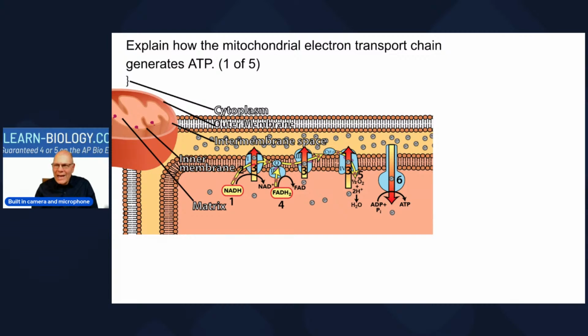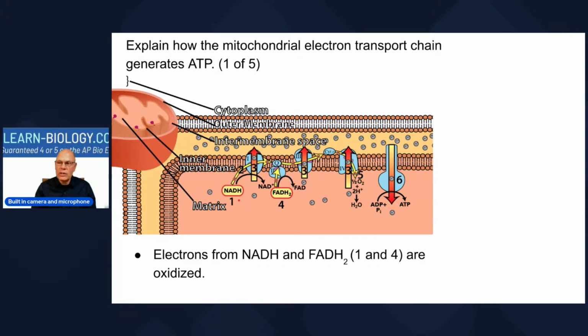The inner membrane has all of these things drawn along it. Those represent, for the most part, membrane-embedded enzymes. These are proteins that are built into the mitochondrial inner membrane. And then there's the mitochondrial matrix. Again, that's like the cytoplasm of the mitochondria. So let's see how this thing works.